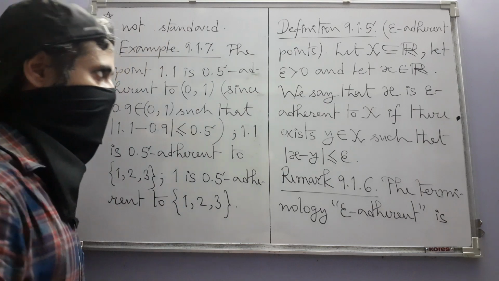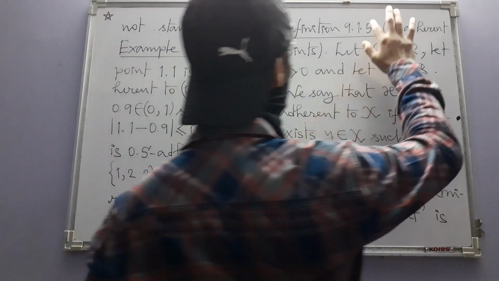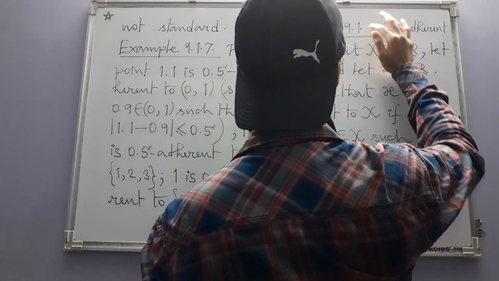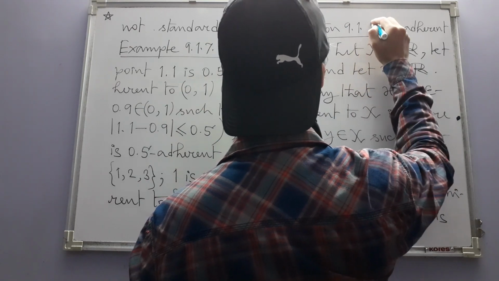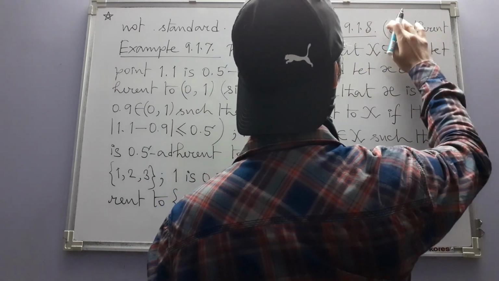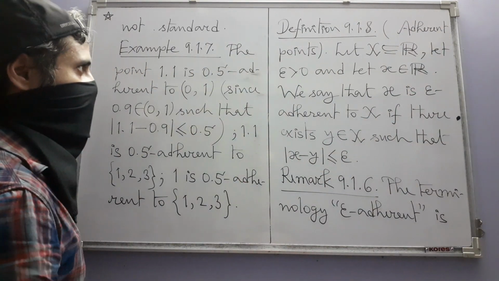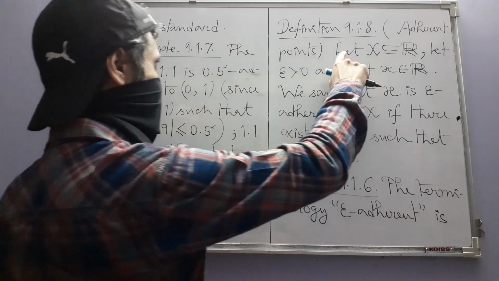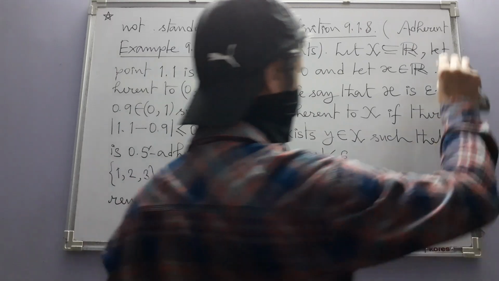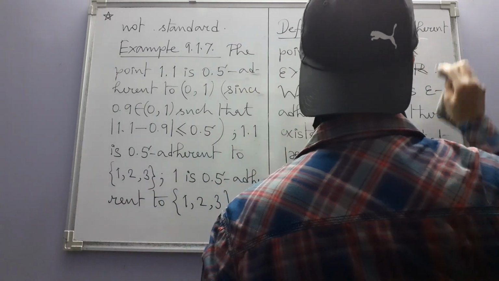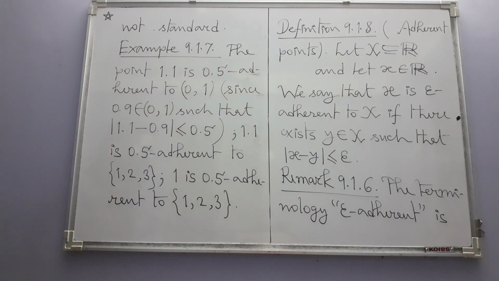And now finally we come to the definition of an adherent point. And luckily things are such that I can just simply modify this. Adherent points. Again, let X be a subset of R, and we don't need this epsilon now. I mean, at least we don't need it here in the hypothesis. And x be a real number.